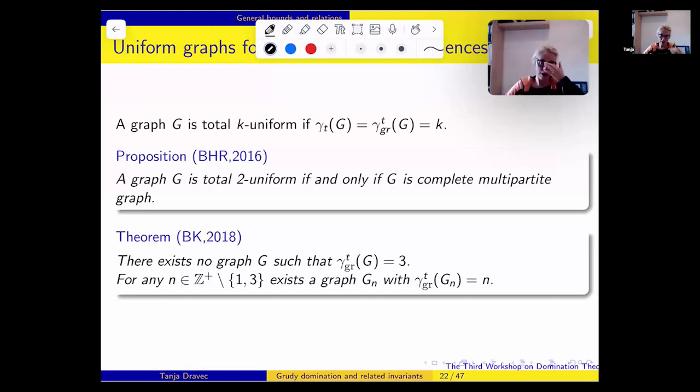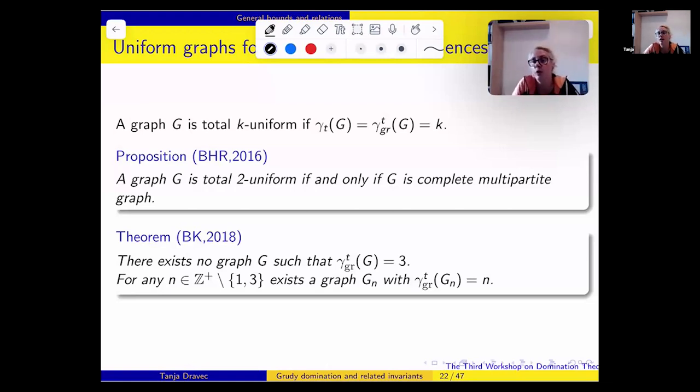Maybe first I can explain that we can consider just graphs without false twins. Two vertices are false twins if they have the same open neighborhoods. If I have a graph which is total K-uniform, then I can add as many false twins as I want, and I will not change the total domination number or the Grundy total domination number.